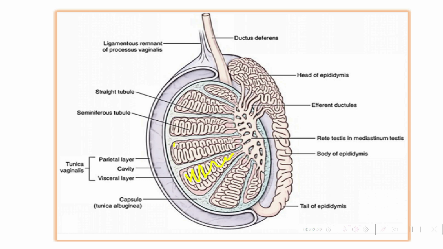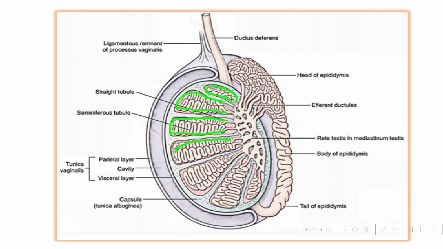Each tubule's length is 70 to 80 centimeters and diameter 0.01 to 0.13 mm. These tubules have a combined length of approximately 250 meters.